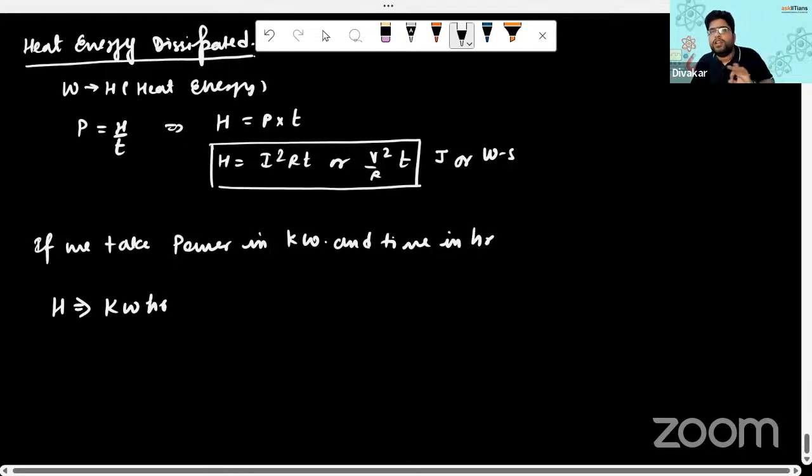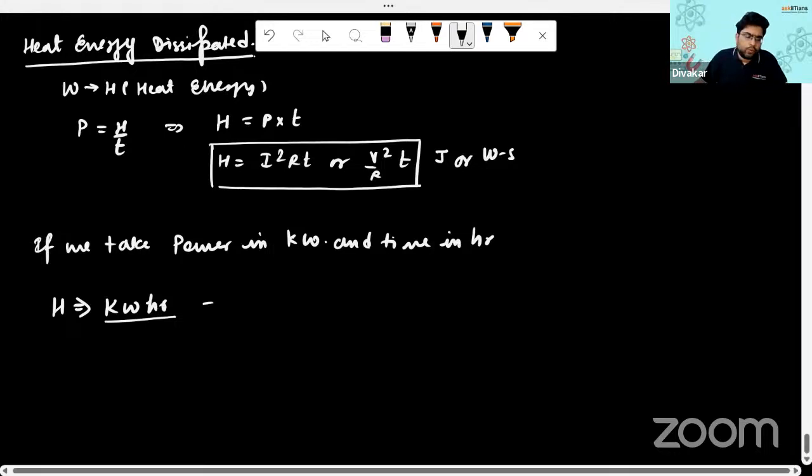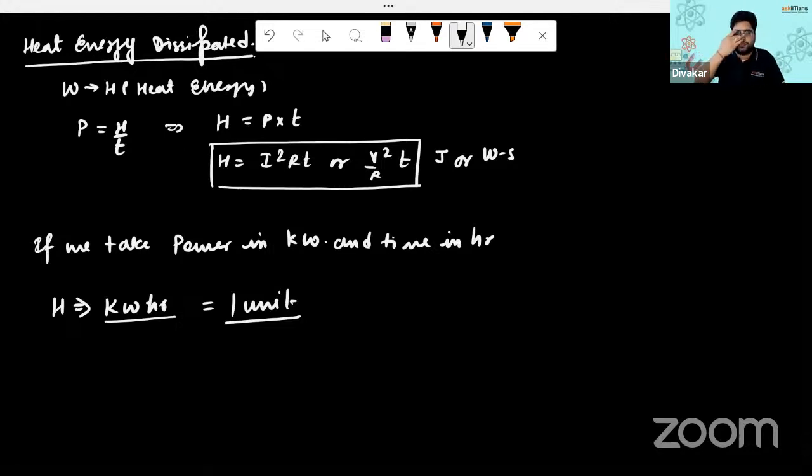So another unit for heat energy is kilowatt hour. And 1 kilowatt hour is equal to 1 unit that we use at home. When you see your meter, a red light blinks and the numbers on the screen change. That is what you call the number of units, because that decides your electricity bill. So when you consume 1 kilowatt of power in 1 hour, the reading changes by a factor of 1.